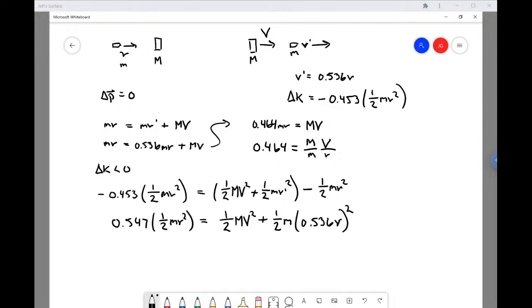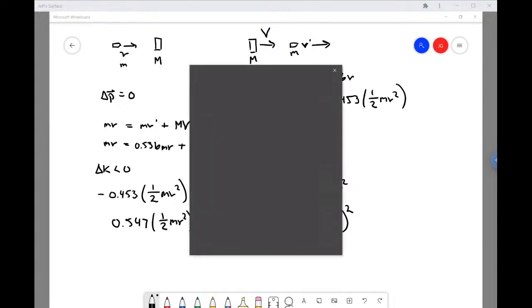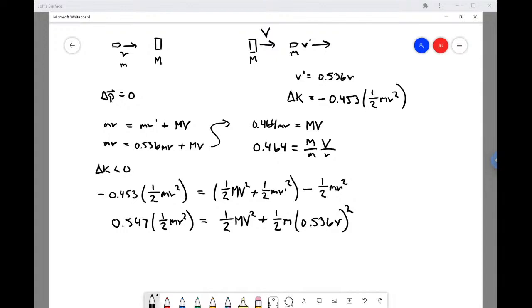All right, so there's 1/2s everywhere. I can get rid of that. But what I'm going to do is, so I can take this term and subtract it from both sides after I square it. And then I get another term that has 1/2 mv squared.